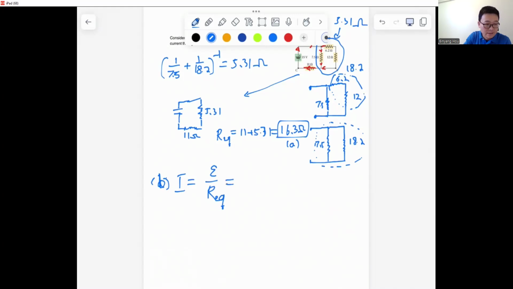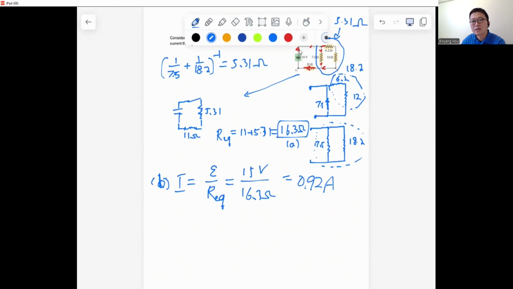Okay, so that's 15 volts divided by 16.3 ohms. So that will give you 0.92 amps of the current. And this current is for the whole circuit.